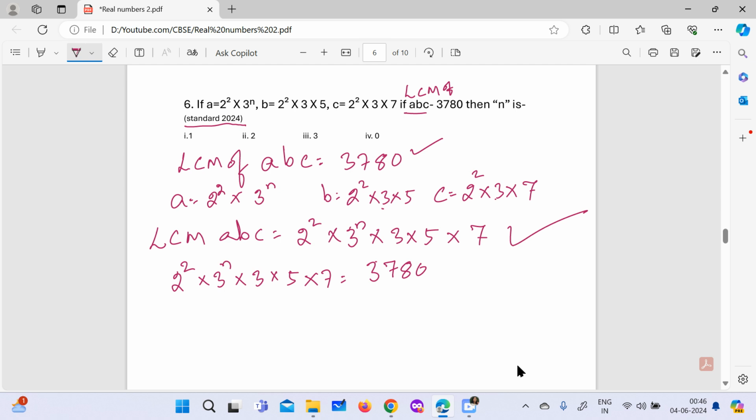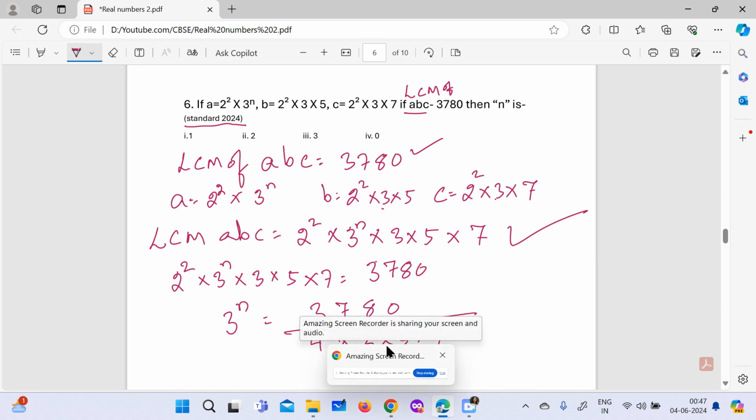We can equate them. Now to get the value of n, we just transpose everything to this side. So 3 to the power of n equals 3780 over, 2 squared can be written as 4, times 3 times 5 times 7.